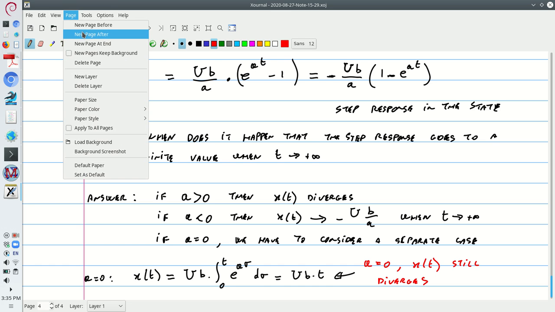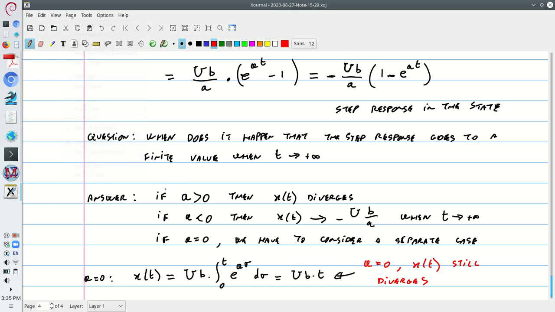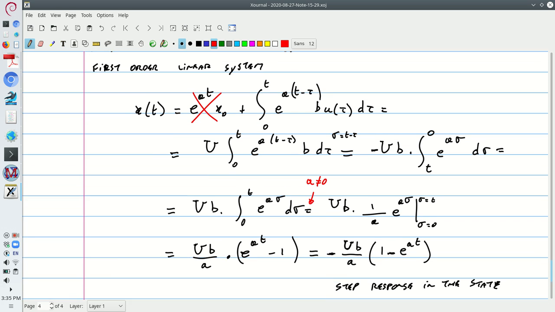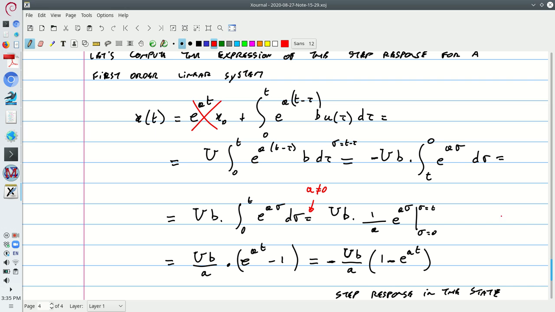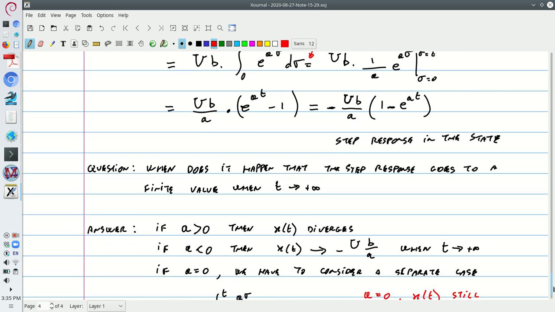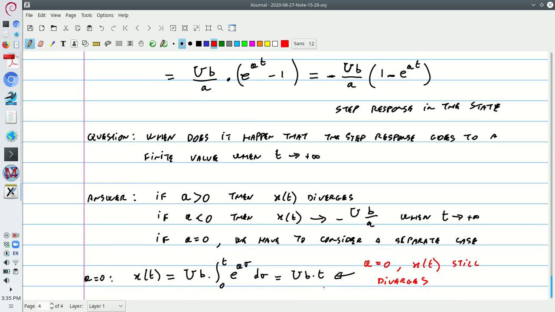This motivates the following definition. Well, at least we'll talk in the next section of this class about stability, but so far I just wanted you to understand that because we were capable of computing x of t, the step response, explicitly for every A, so long as A is different from 0 we are dealing with some exponentials, and when A is equal to 0 we have this other expression.